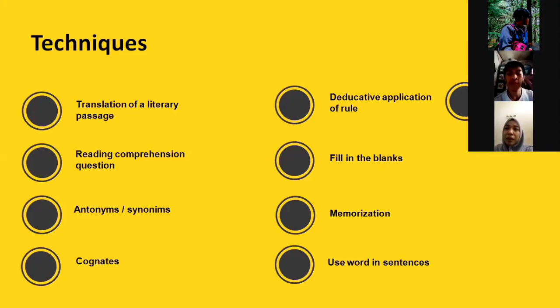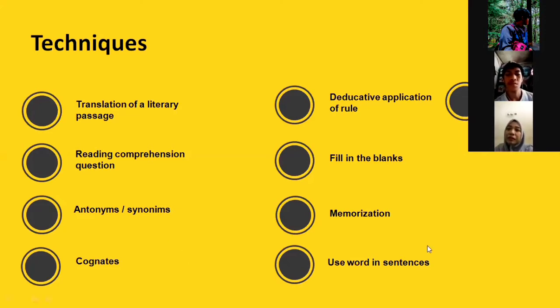In antonyms and synonyms, the students are asked to find antonyms and synonyms for words or sets of words. The fourth is cognates. This is a technique of learning sound or pronunciation or spelling patterns that correspond between the native language and the target language.